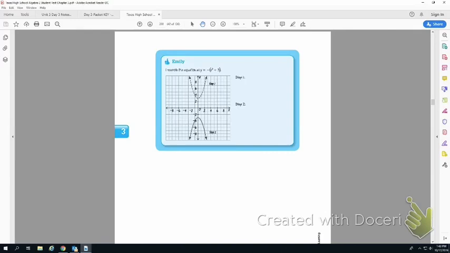So what this person did, look below, the original graph was this, original equation. But if you look up there, the first thing they did is they rewrote it, and they pulled a negative out and made it this right here.